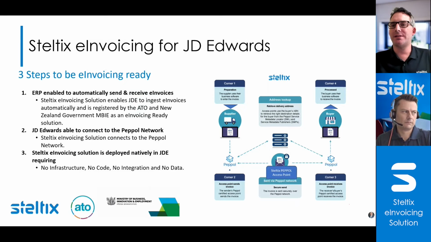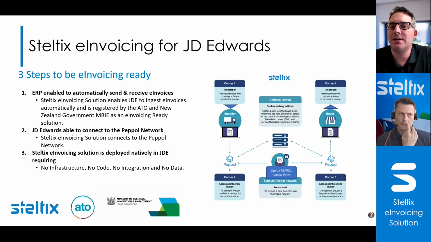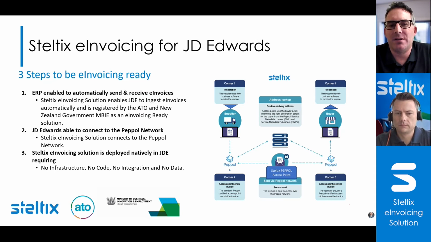All right, so I suppose to summarise what's required for your organisations, you're sitting there today on JDE 9.1 or JDE 9.2. You probably know a little bit about e-invoicing, and you're not entirely sure what the steps are required to activate it. Hopefully we've covered off a little bit of that today. But if I use the four-corner diagram for a second to depict what is actually required, then the e-invoicing solution from a Steltex perspective is required both from an AR and an AP perspective.